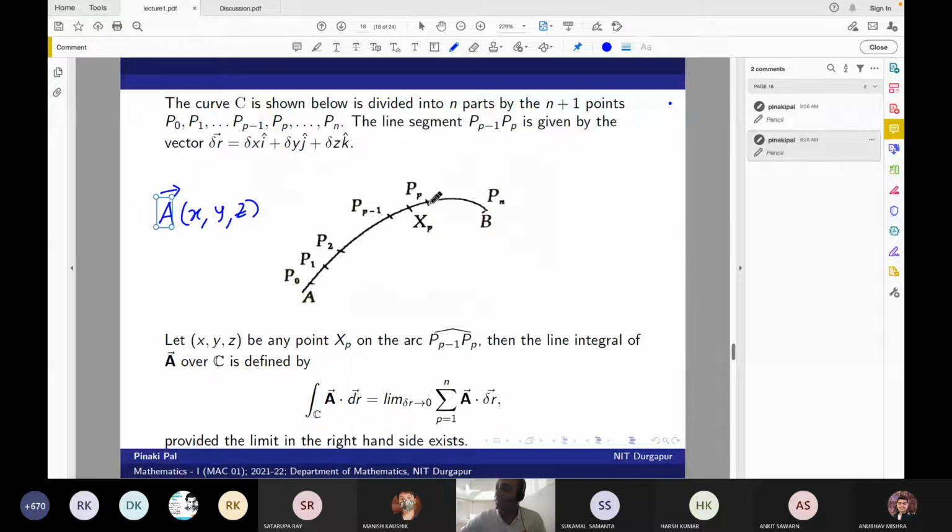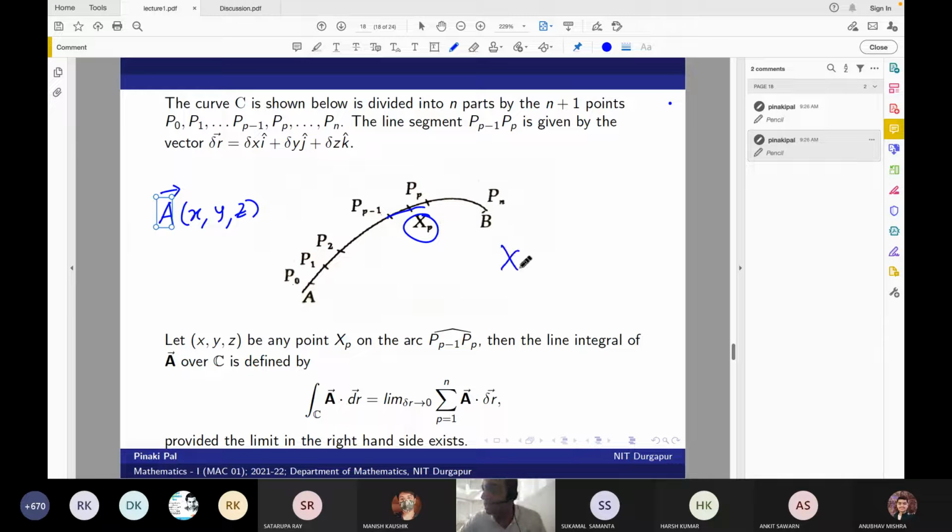Let us consider this general element, and from this line element we consider any arbitrary point, which is denoted by xp.